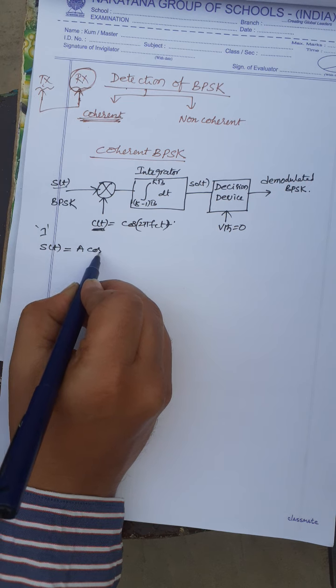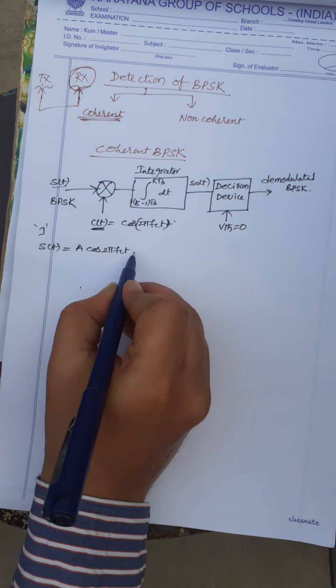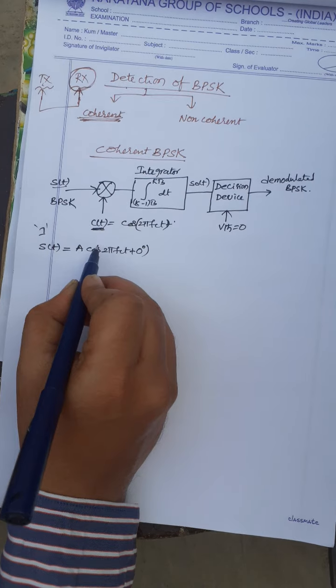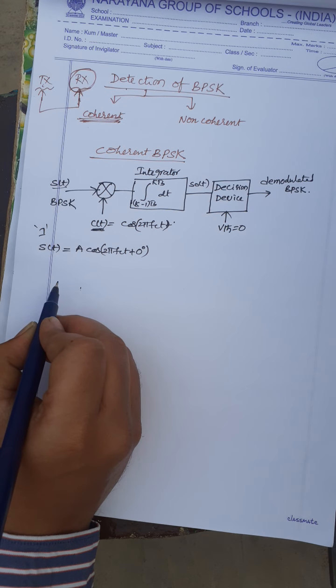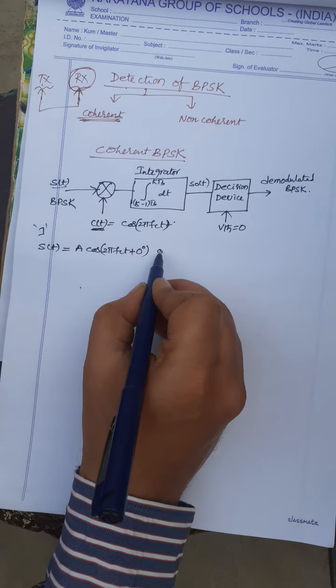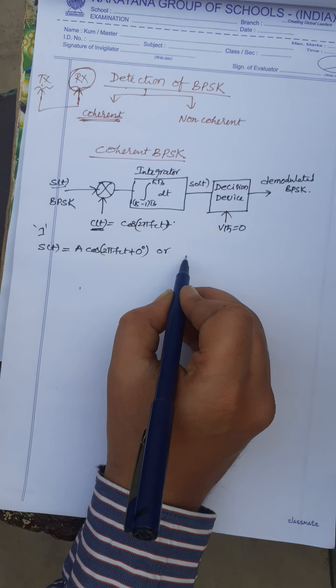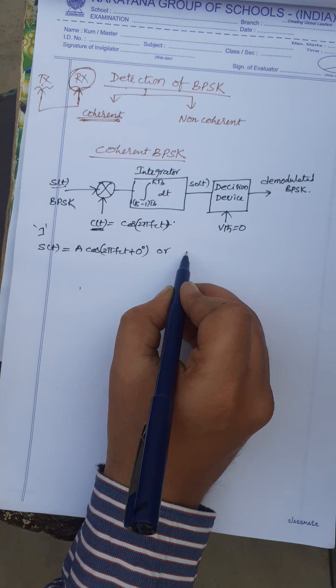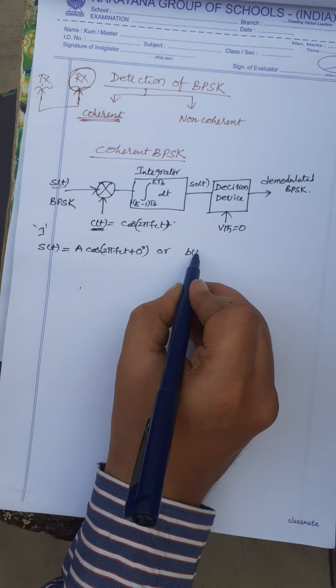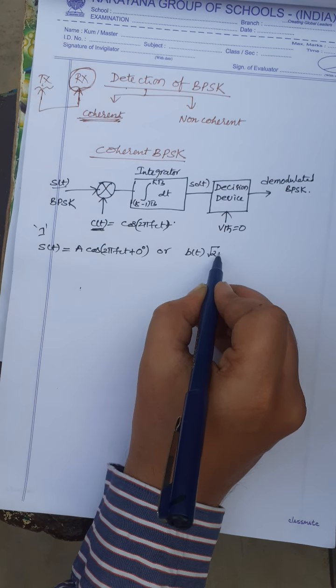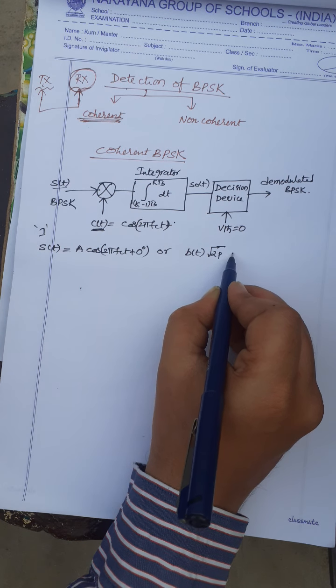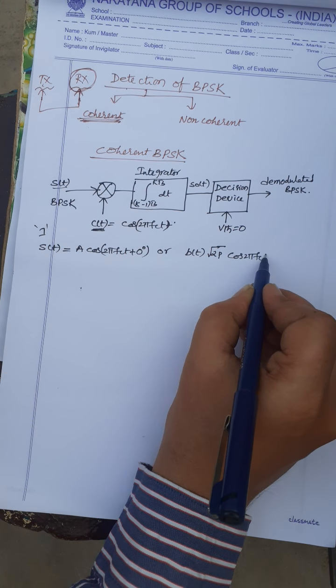SA cos 2 pi FCT plus 0 degrees, or B of t into under root 2p cos 2 pi FCT.